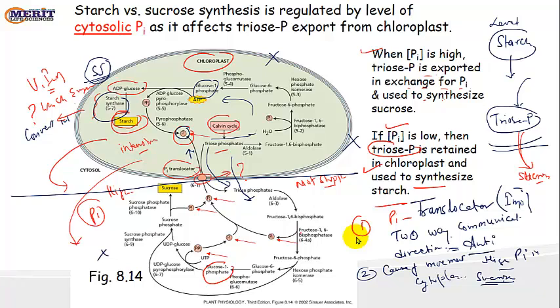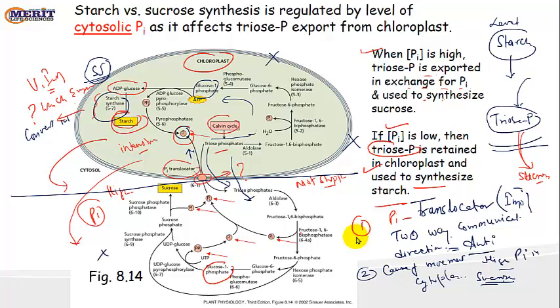Okay, so in the diagram you can see the chloroplast and the cytosol, and in the cytosol you can see sucrose formation. The basic infrastructure for the sucrose is triose phosphate. You can see the Pi translocator is there, so Pi is released.